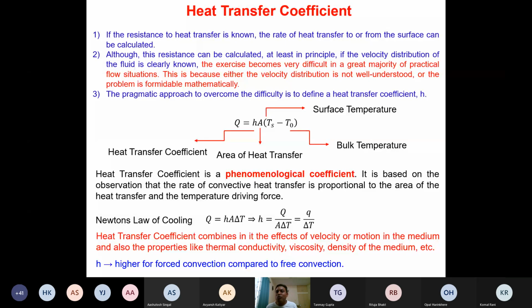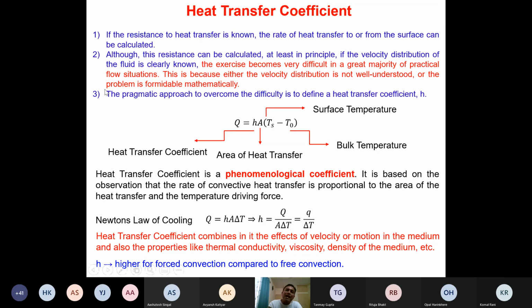But in most of the cases, such calculations are extremely formidable mathematically. Okay, so the mathematics is extremely complex. So this is what we call solving the fluid momentum transfer as well as the energy transfer, both simultaneously. In fact, the Navier-Stokes equation is a classical example, isn't it?